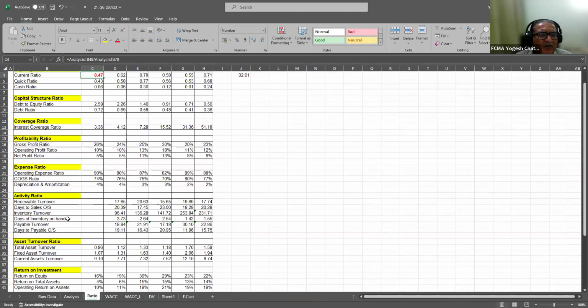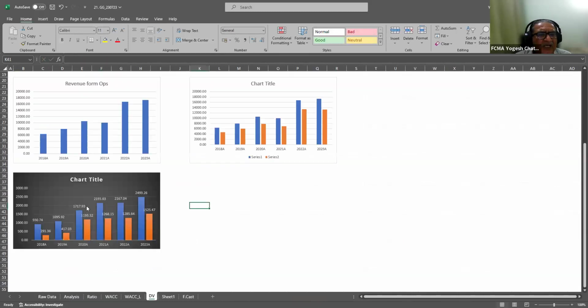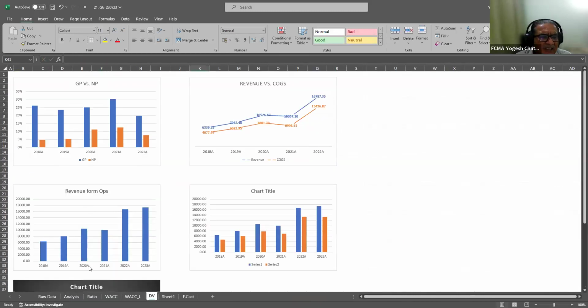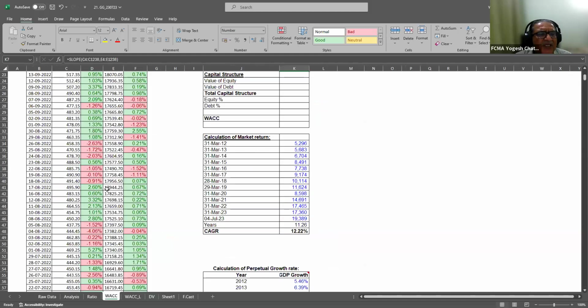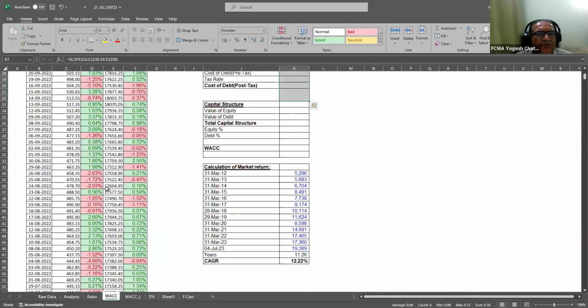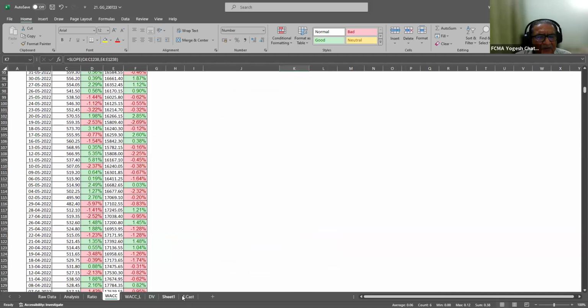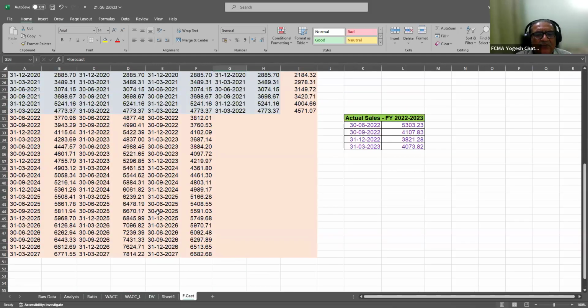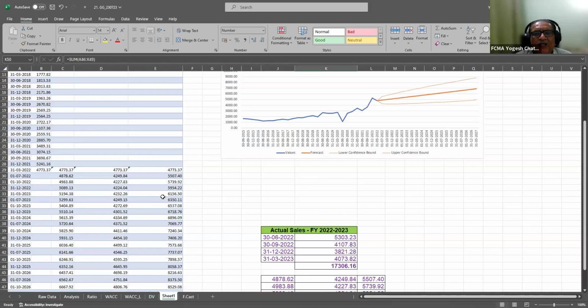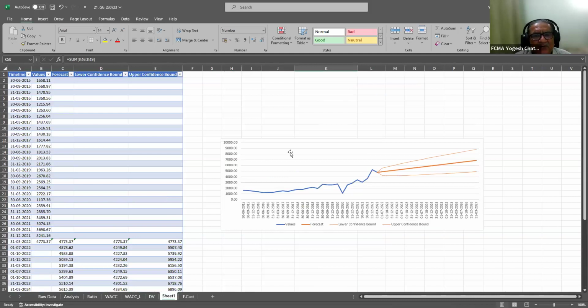We have computed various ratios. We have done the data visualization technique. We have computed the weighted average cost of capital of a company. We have also made use of the forecast function and a forecast sheet. So all this was useful.